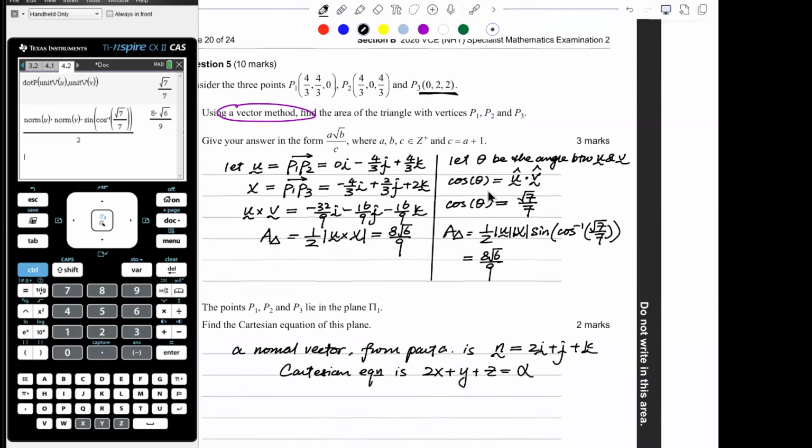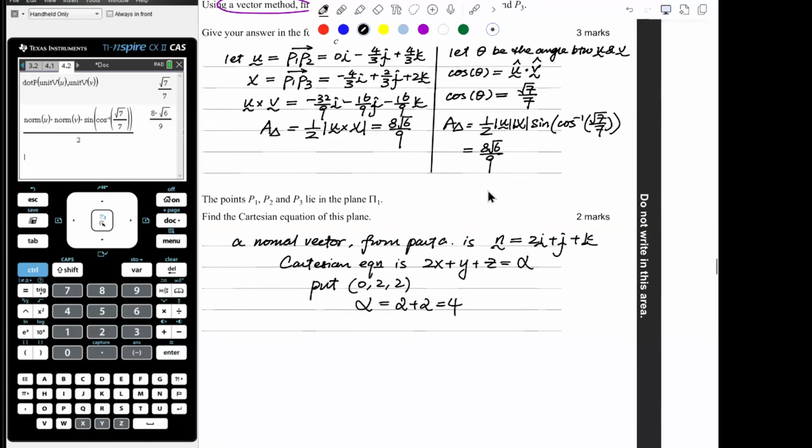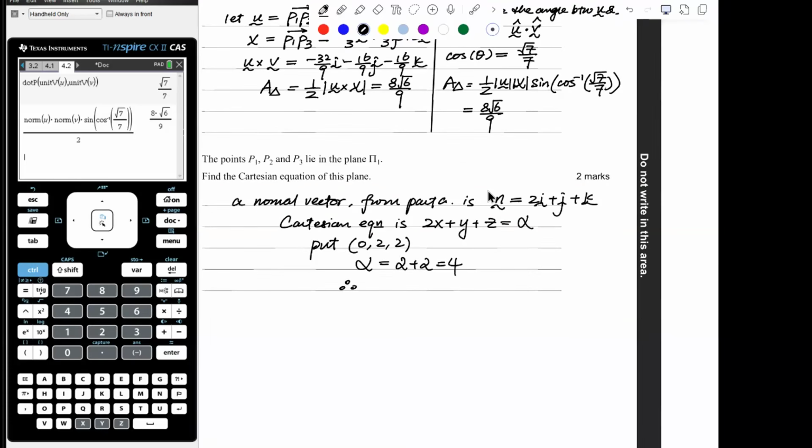I would say this is the easiest option. For example, using one of the points, we get 0 plus 2 plus 2 is 4. Don't forget to state the final answer. Therefore, 2x plus y plus z equals 4.